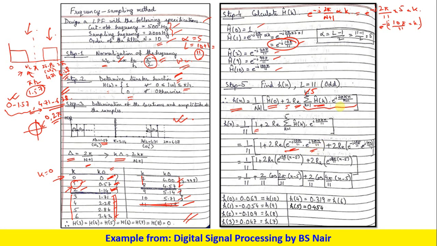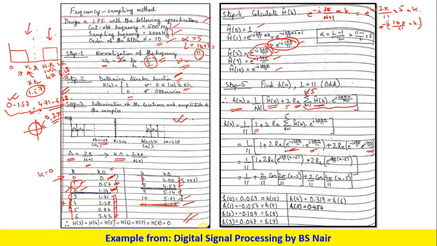Then for k equals 2, this one e to the power minus 20 pi by 11 multiplied by j. Since k is equal to 2, 2 multiplied by 2, 4 pi n by 11. You got my point. Then for values 3, 4 and 5, the values are 0, so the values do not exist.